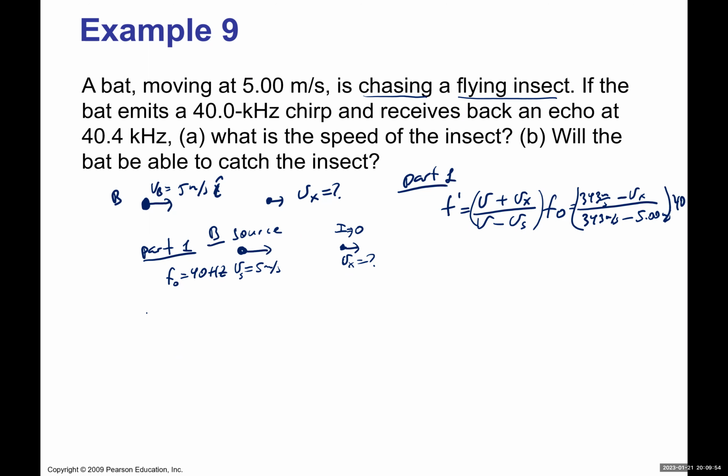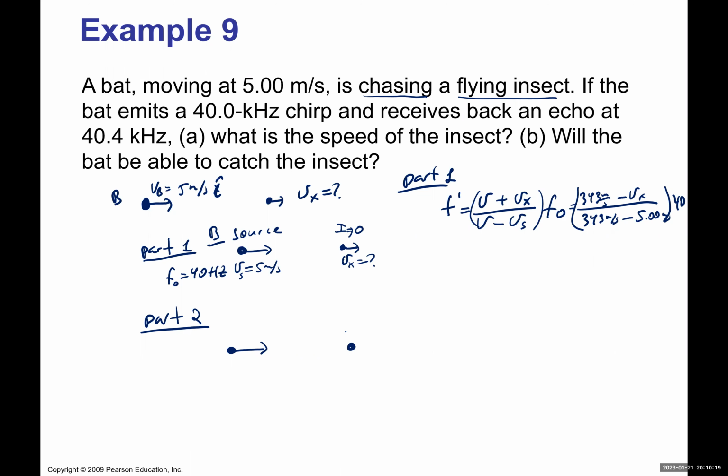All right, so then I have part two. Sound travels to the right, hits the insect, then comes back. Now we are going back, so the echo is coming from the insect, so the insect is the source.